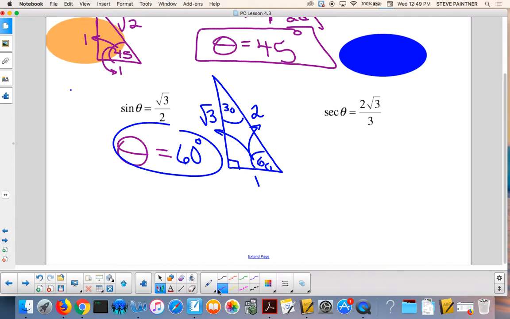Did you see the square root of 3, right? It's either this one or it's this one.